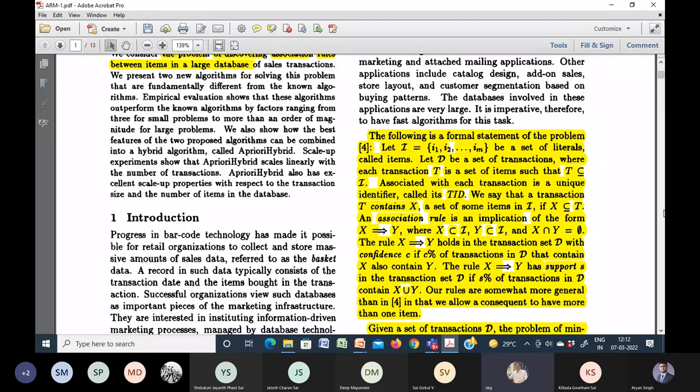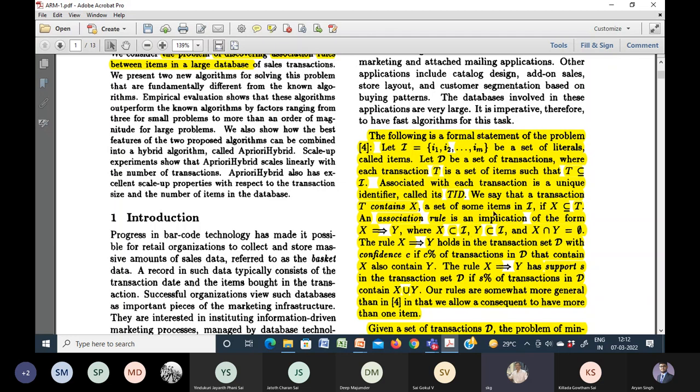Associated with each transaction is an identifier called the transaction ID, like 1, 2, 3, 4, or in this example 100, 101. Every transaction ID has a set of items, and we want to find out, among such transactions, what the association between them is.